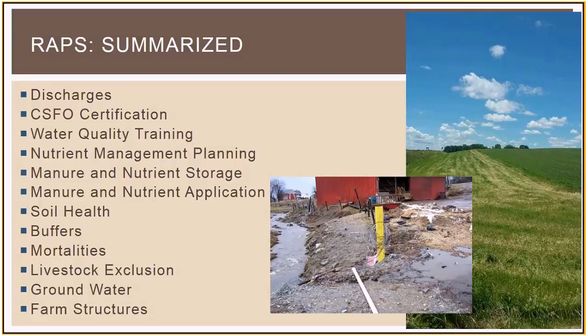We're going to spend some time going through and talking about what's happened thus far, and it will end up touching upon most of these categories anyway, but just to give you a visual of what the RAPs cover, and first and foremost, it's to prohibit discharges into waters of the state. And then because of that, we are able to regulate and have an effect on all of the various components underneath that.